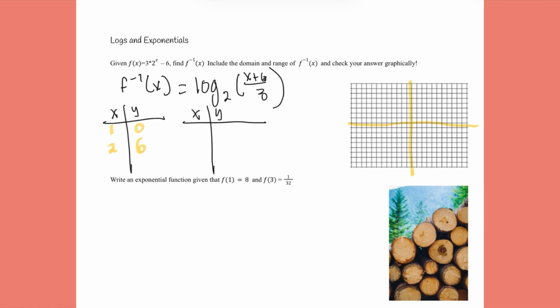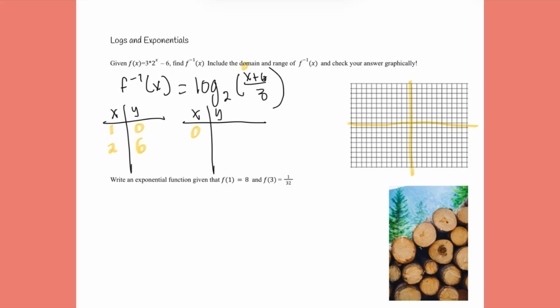Now, let's plug in numbers to the logarithmic function to find some more points. The first number I'm going to plug in is 0. I chose 0 because I know when I add 0 to 6 and divide that by 3, I'm going to get 2 out.